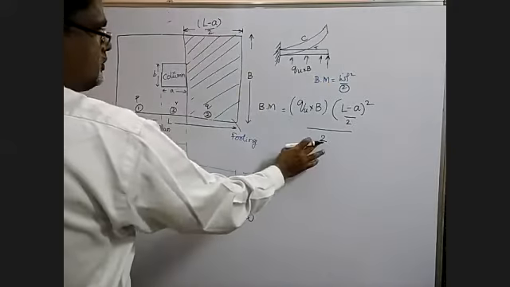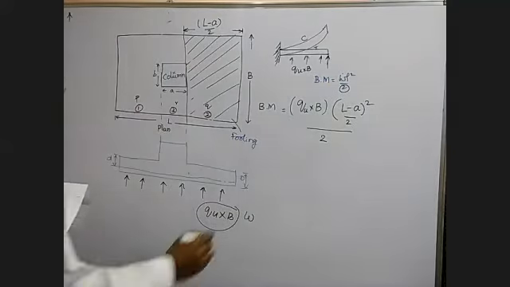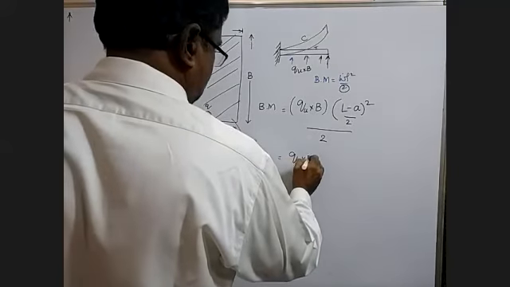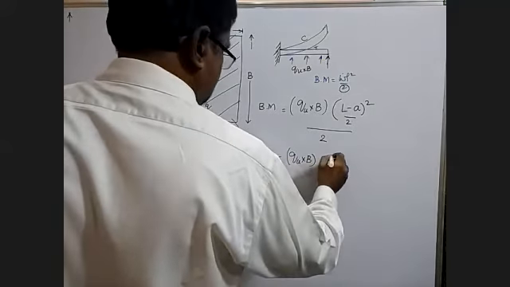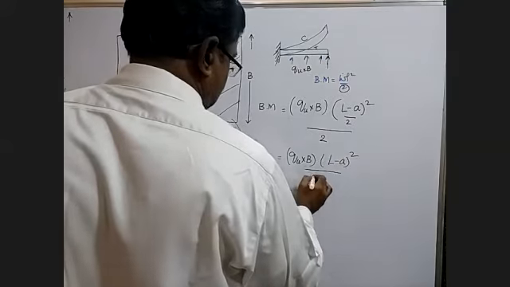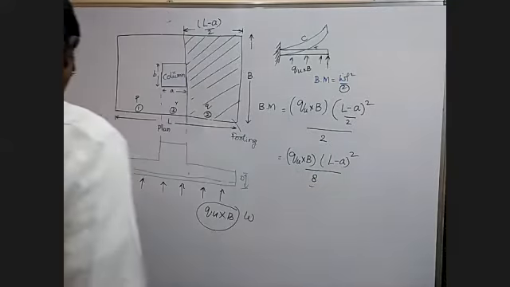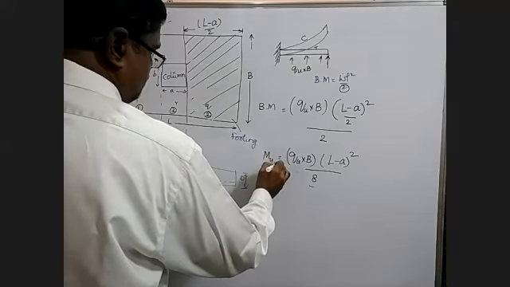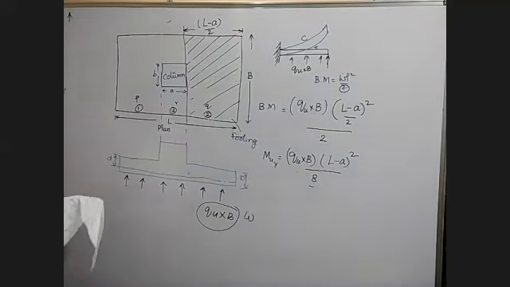Remember, there is another 2 here, don't forget it. So this becomes QU into B into (L minus A) whole square by 8. This is the bending moment in y direction, MUY.